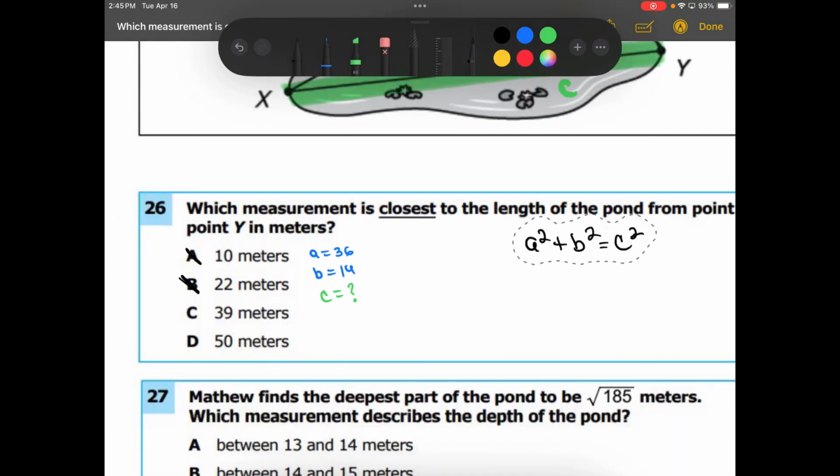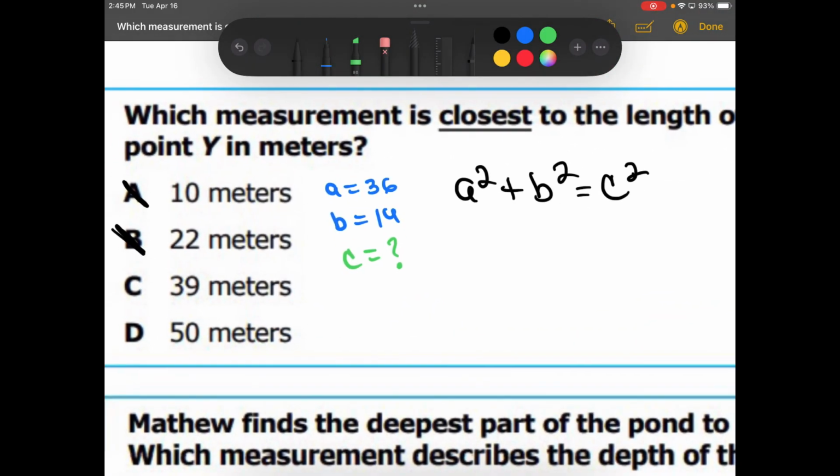So now we're going to use our formula and we are going to calculate. Instead of A squared, I'm going to put 36 squared plus 14 squared equals C squared. Let's go ahead and calculate that. 36 squared is 1,296 plus 14 squared, which is 196.